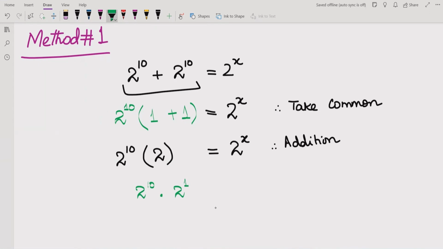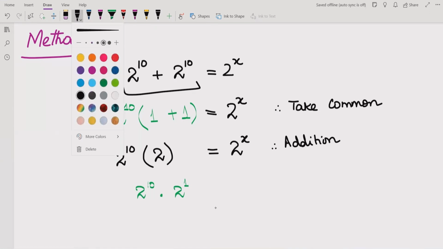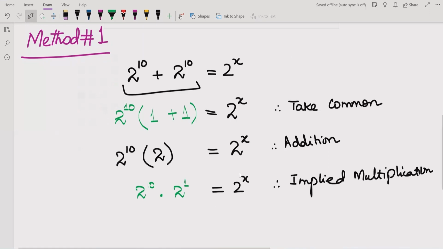They are multiplying because of implied multiplication, as we do not have any multiplication sign, but both numbers are multiplying each other. So we can give the reference here: implied multiplication, which means that you do not have any multiplication sign between two numbers.